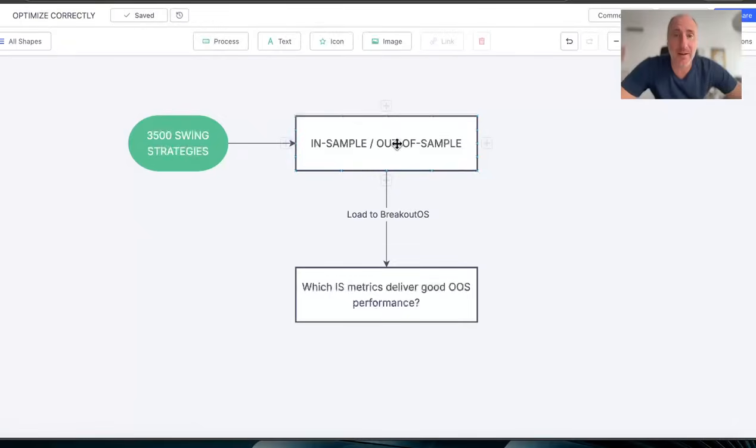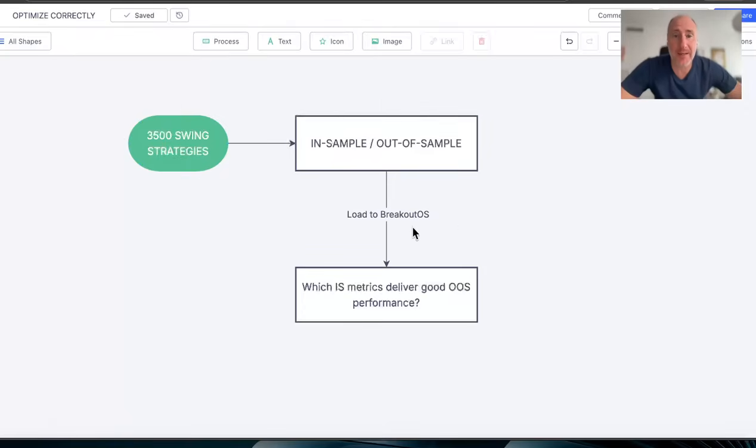So this unseen data really helps us to see what happens with out-of-sample results if we prefer a specific in-sample metric, and we can assess this on 3,500 strategies.